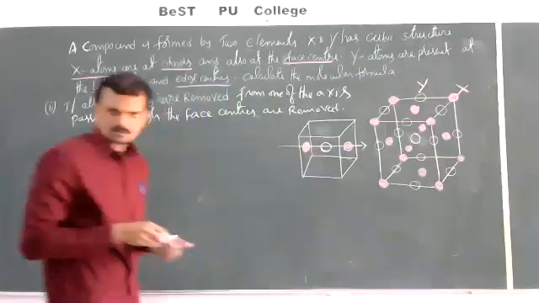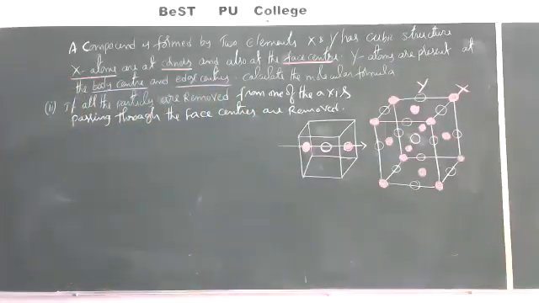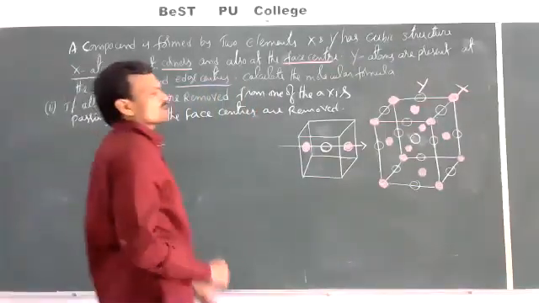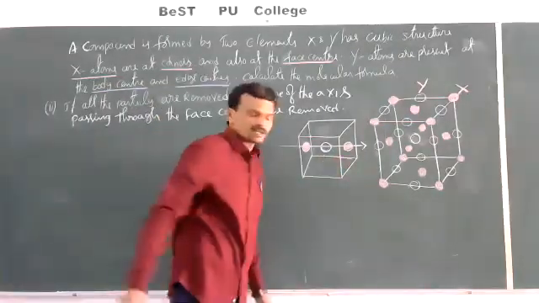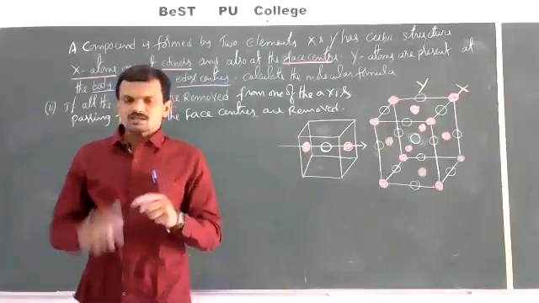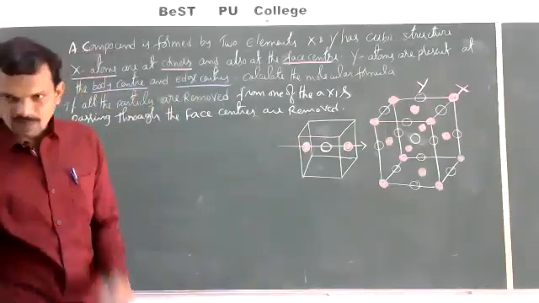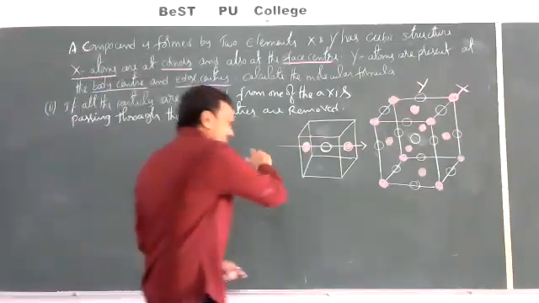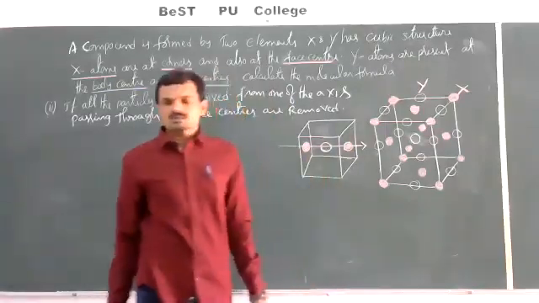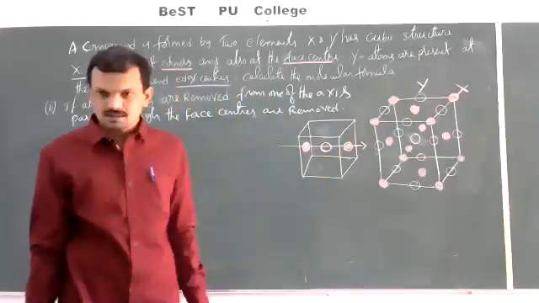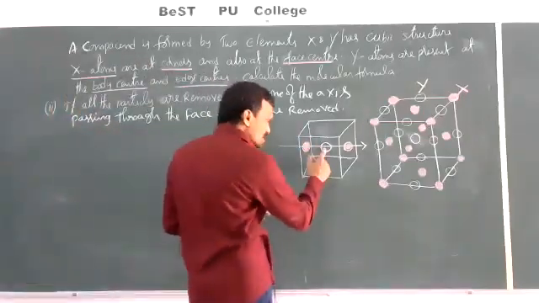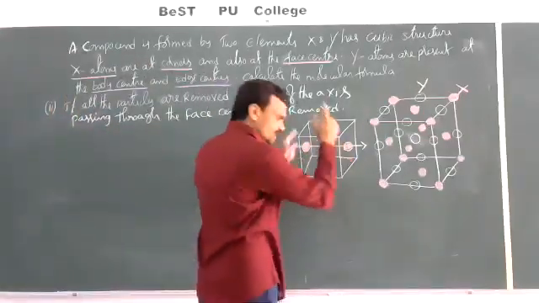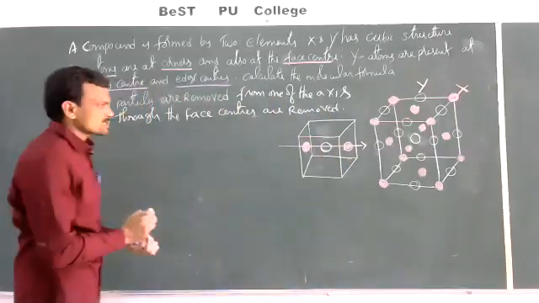This is the axis. Means if you have taken an axis which is passing through the face centers, you can take any two opposite face centers: left, right, otherwise top and bottom, otherwise front and back. Then on the axis which is passing through the opposite face centers, only three particles will be present. That is one body center and two face centers. No other particles are removed.